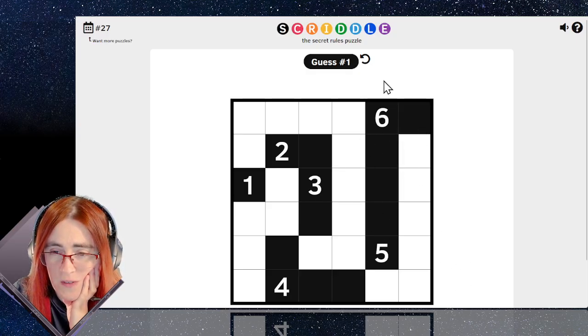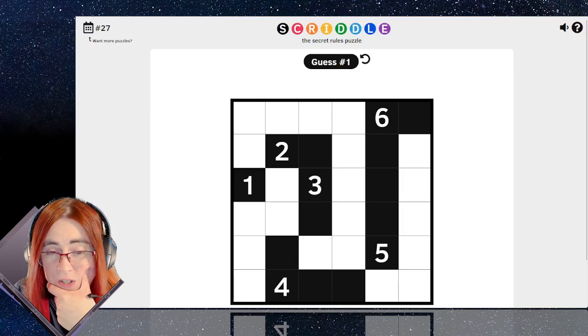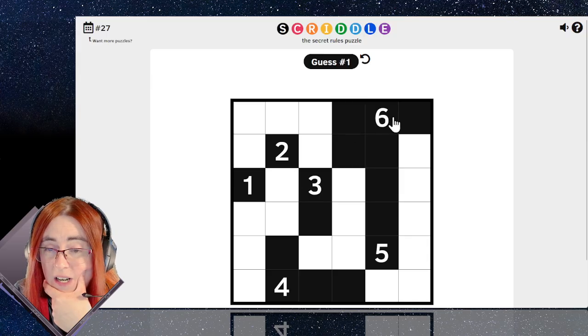So this 6 would have all that connected to it. The 5 would have up to there, and 4. We could also just try not straight lines radiating out of them, but just size of areas.